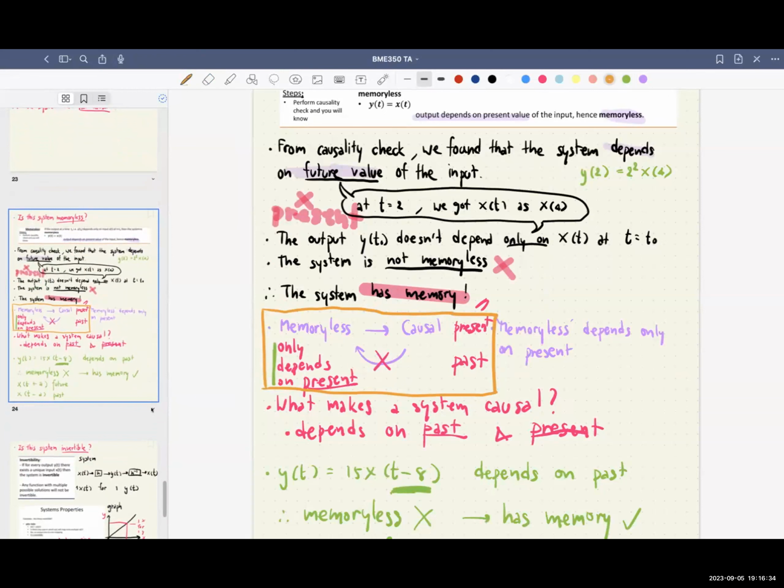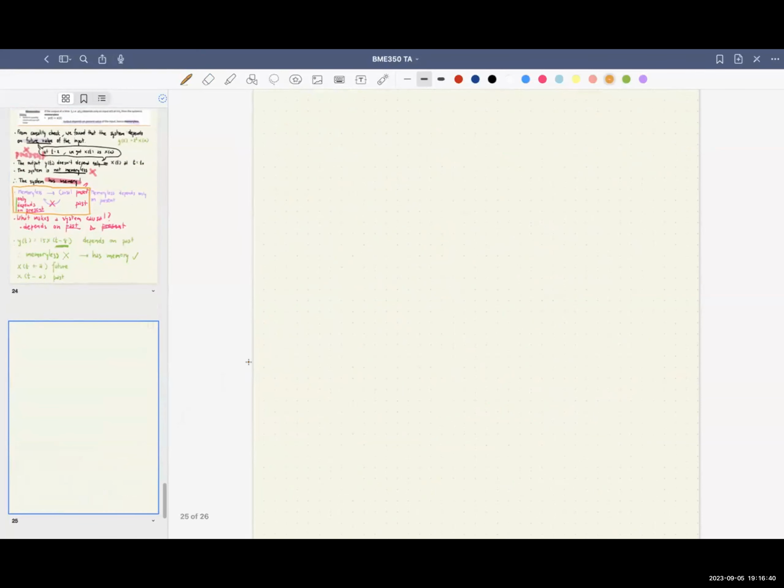I think I should move on to the next page so we can see this clearly. You mean this same one, right? y(t) = t squared x(2t). Is it memoryless?